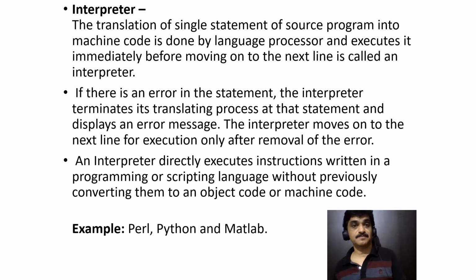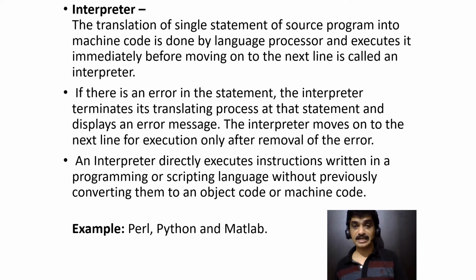Understand this. A single statement of the source program is translated into machine code by the language processor, and immediately, before moving to the next line, it takes line by line. If it finds any error in one line, it cannot proceed further until that is removed. The interpreter moves on to the next line for execution only after the removal of the error.